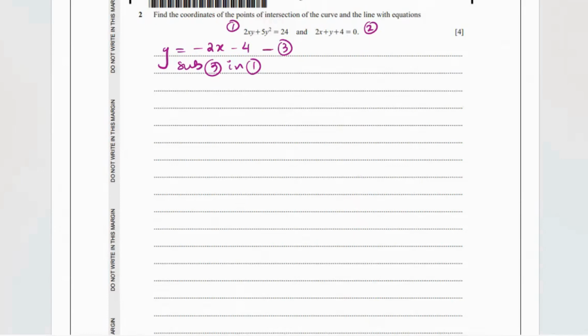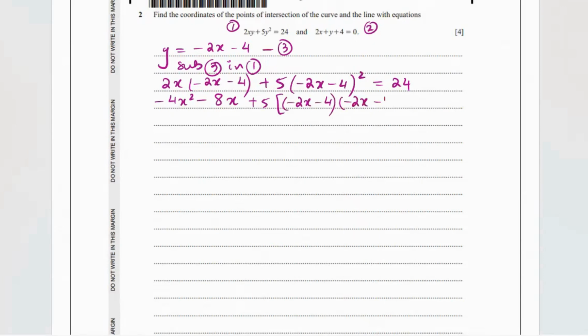So 2x bracket negative 2x minus 4 plus 5 bracket negative 2x minus 4 whole square equals 24. Expand the bracket. Negative 4x squared negative 8x plus 5 bracket negative 2x minus 4 times negative 2x minus 4.